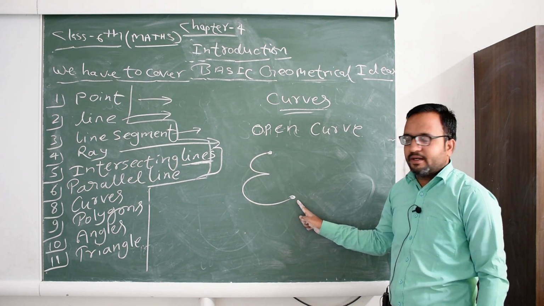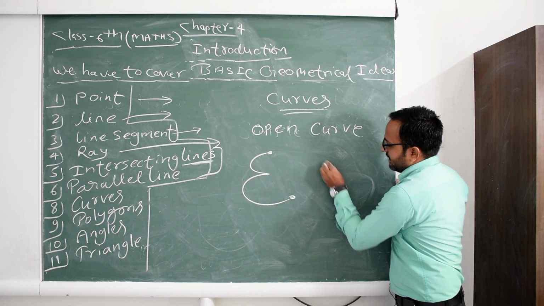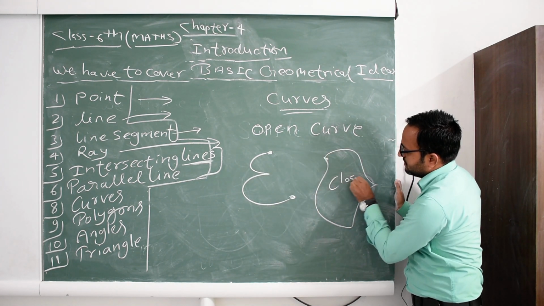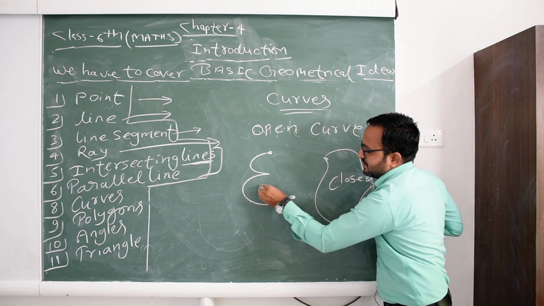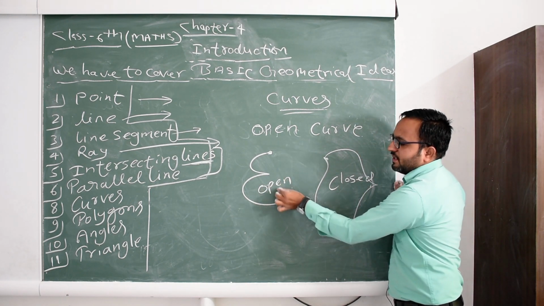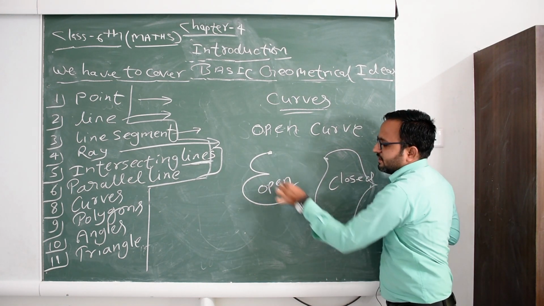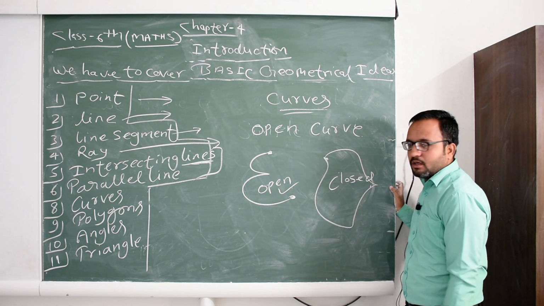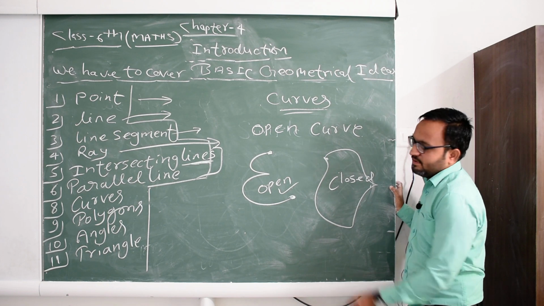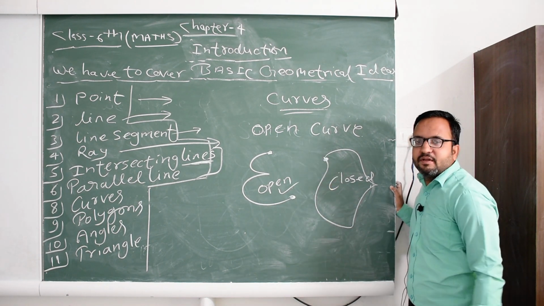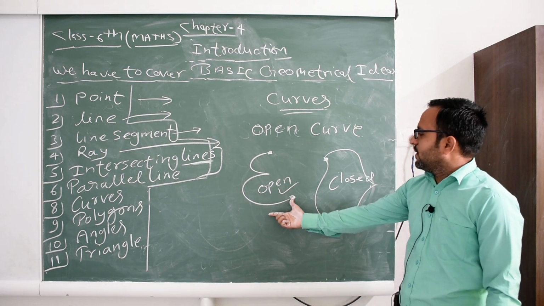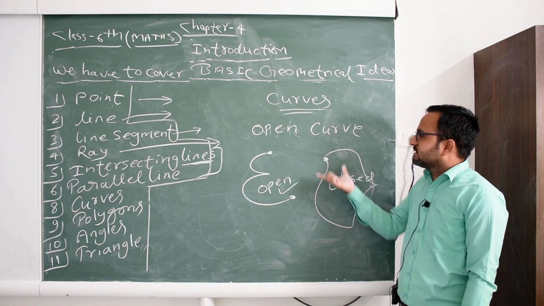If we join these end points, this is closed and this is open. In the case of an open curve, the end points never meet, and in a closed curve, both end points meet at a single point. So this is an open and this is a closed curve.